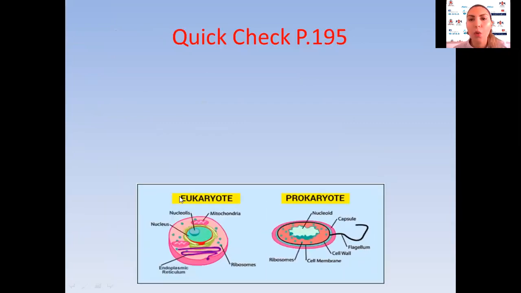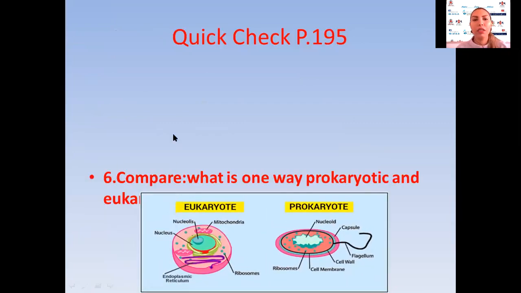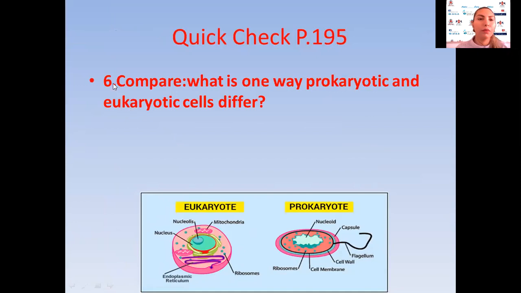Okay, let's open page 195 and answer number 6. Compare one way prokaryotic and eukaryotic cells differ. Prokaryotic differ from eukaryotic cells in what? Raise your hand. Jury?